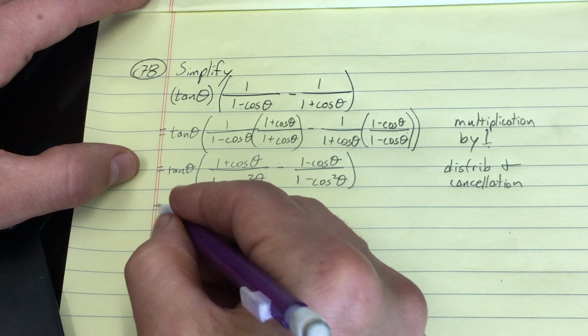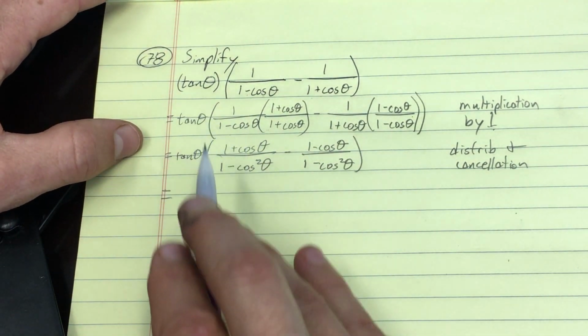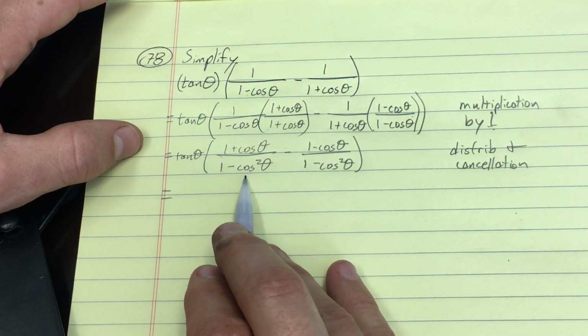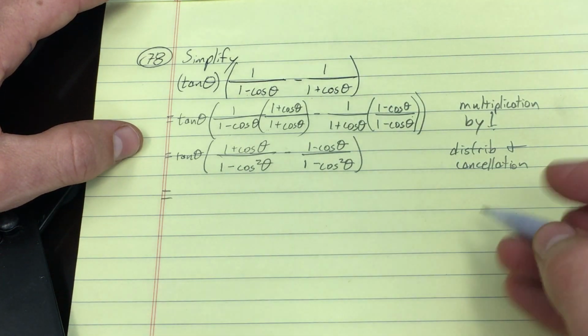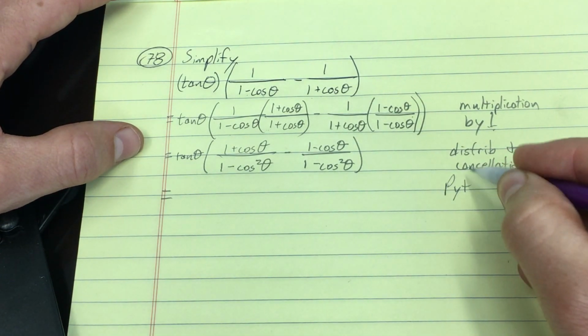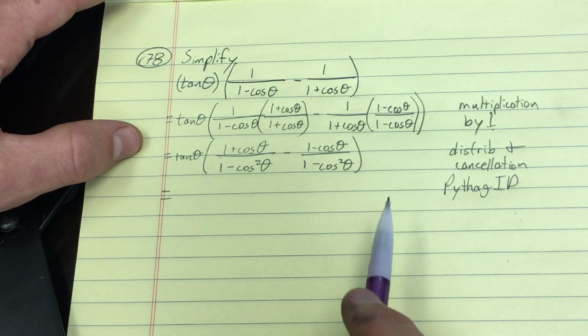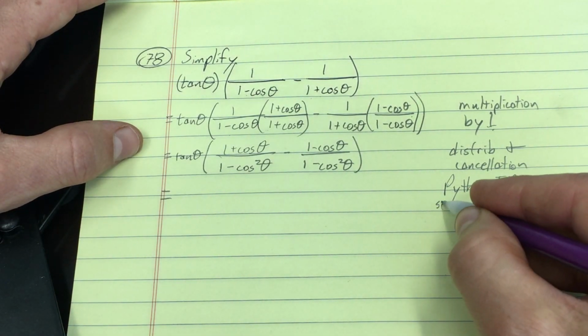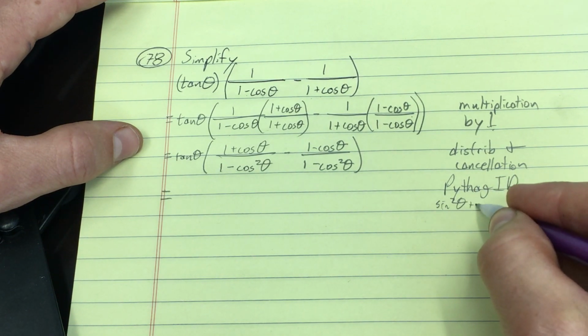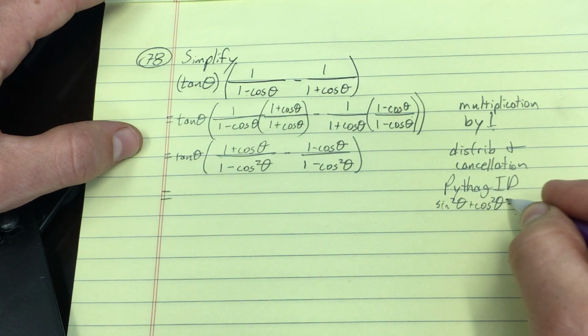Okay, so what can I see to simplify here? With 1 minus cosine squared theta, you want to always be on the lookout for the Pythagorean identity. The Pythagorean identity classically is sine squared theta plus cosine squared theta equals 1.